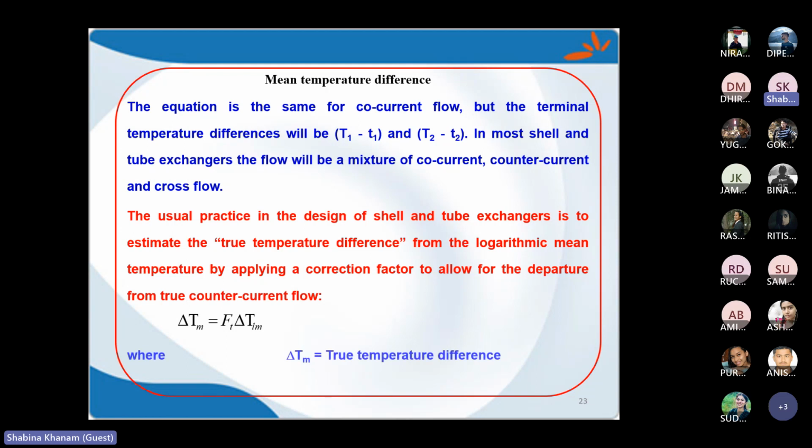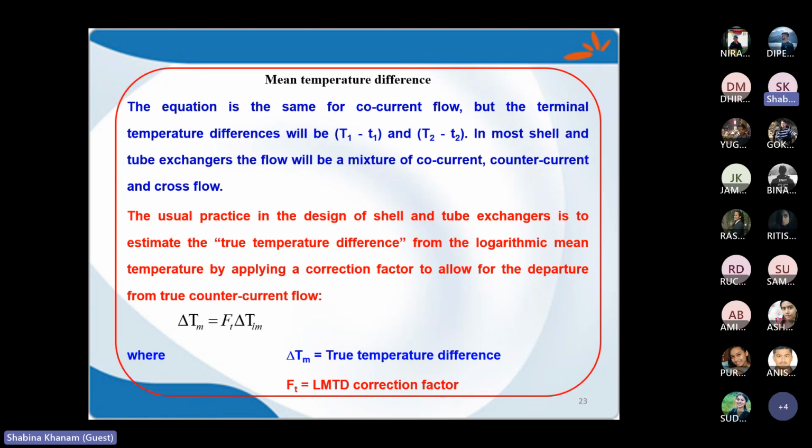So delta T mean is the true temperature difference, and FT is the LMTD correction factor. The maximum value of FT could be 1, when the delta T mean equals the LMTD for counter flow only.